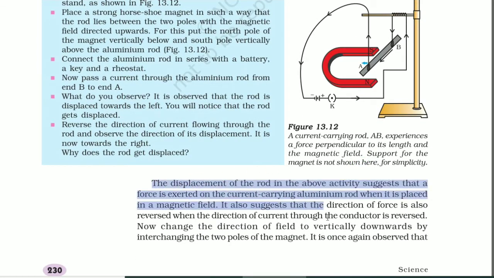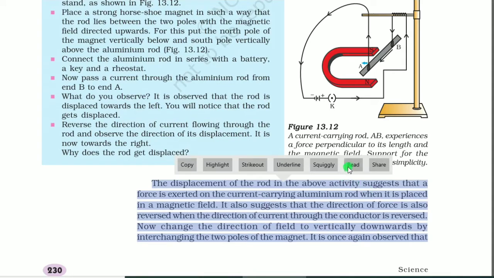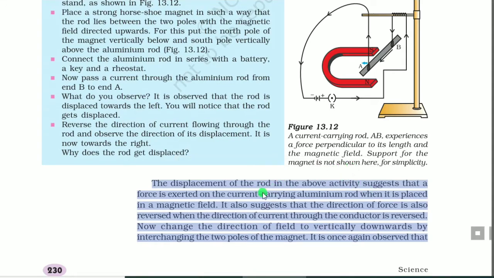Now it is written here. The displacement of the rod in the above activity suggests that a force is exerted on the current-carrying aluminium rod when it is placed in a magnetic field. It also suggests that the direction of force is reversed when the direction of current through the conductor is reversed.